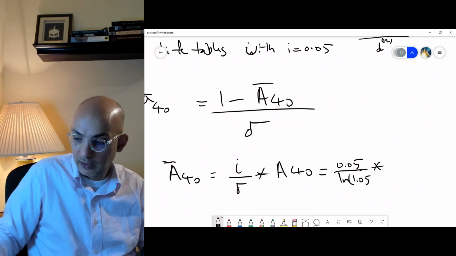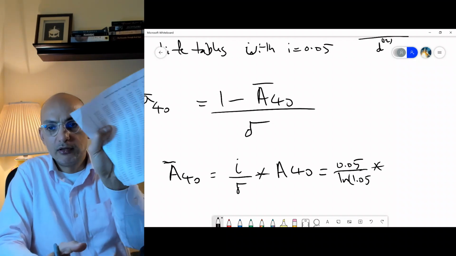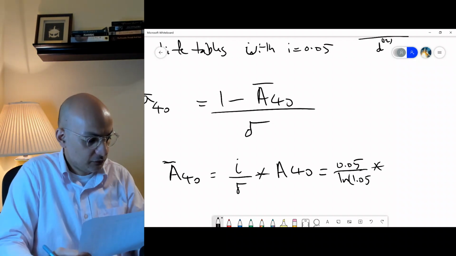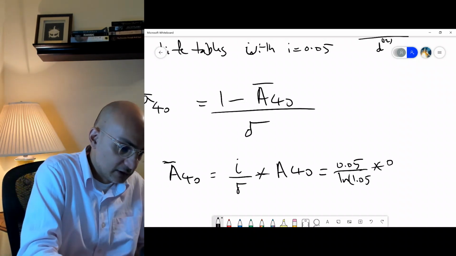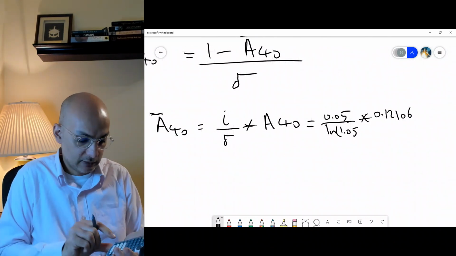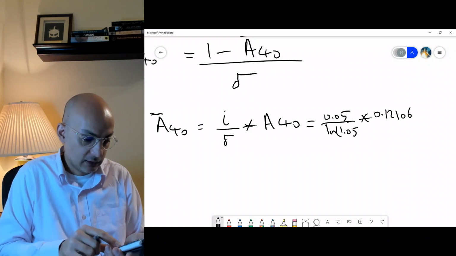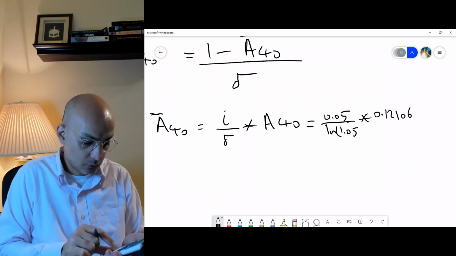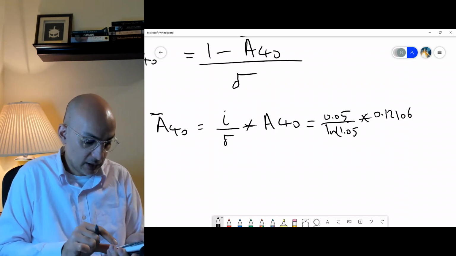If you go back to the life table, I'll use it from here. A40, the capital A40, we already found it before, .12106. If you do that, let's do that. 0.5 divided by ln 105, then multiplied by 0.12106.